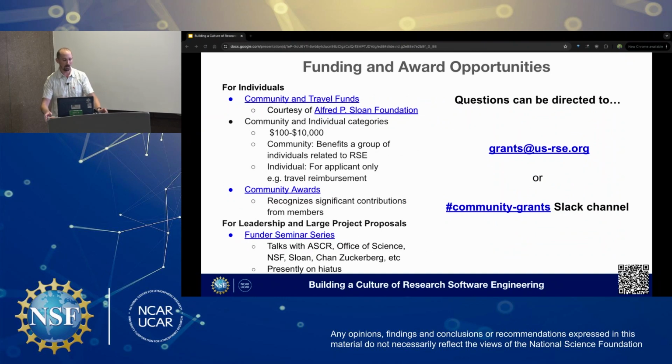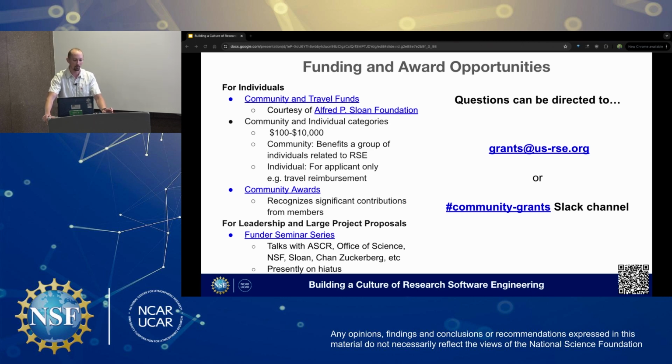So to highlight some funding and award opportunities, at least within USRSE, thanks to the Alfred P. Sloan Foundation, there are actually some community and travel funds available. There are two categories, primarily those that serve the community. So you want to organize an event that brings together groups of RSEs and folks, and typically that would be able to earn more money for that opportunity.